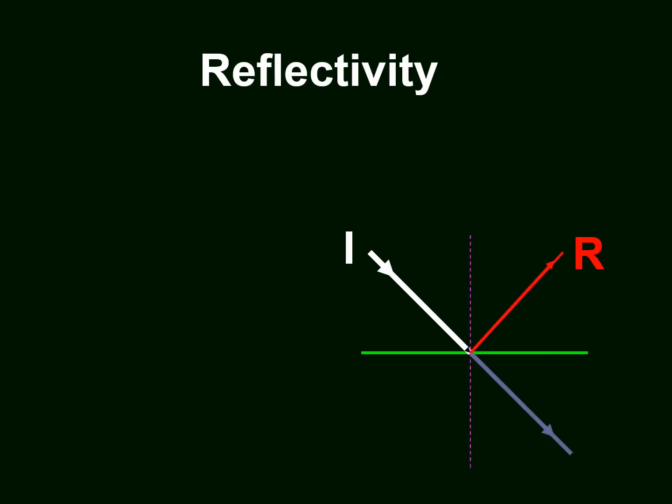And now I come to the term reflectivity. Physical definition of reflectivity is the ratio between the reflected energy over the incident energy.